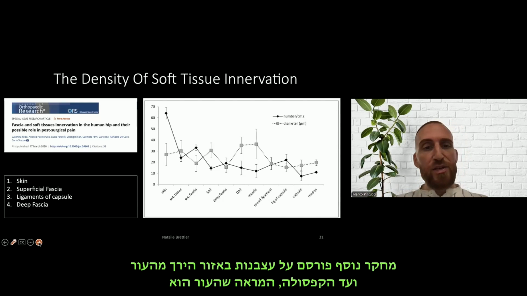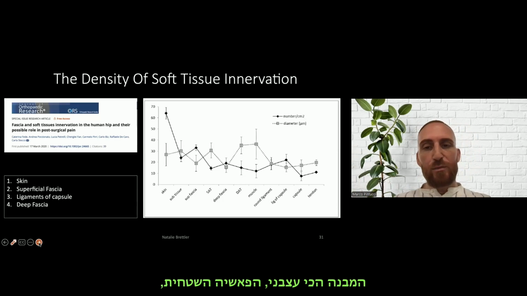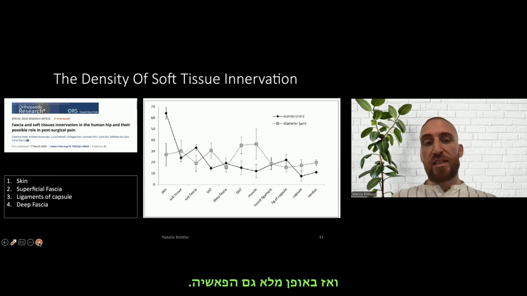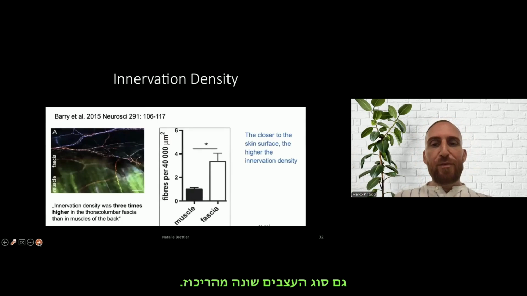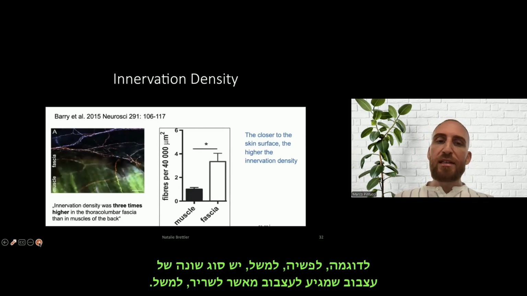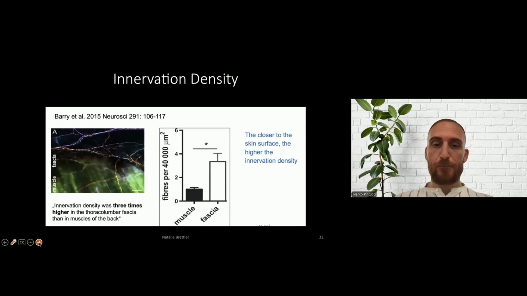Another study was published about the innervation in the hip area from the skin to the capsule, showing that the skin is the most innervated structure, then the superficial fascia, and then the deep fascia. The type of innervation also differs from the concentration. For example, the fascia has a different type of innervation and is richer in innervation than the muscle, for instance.